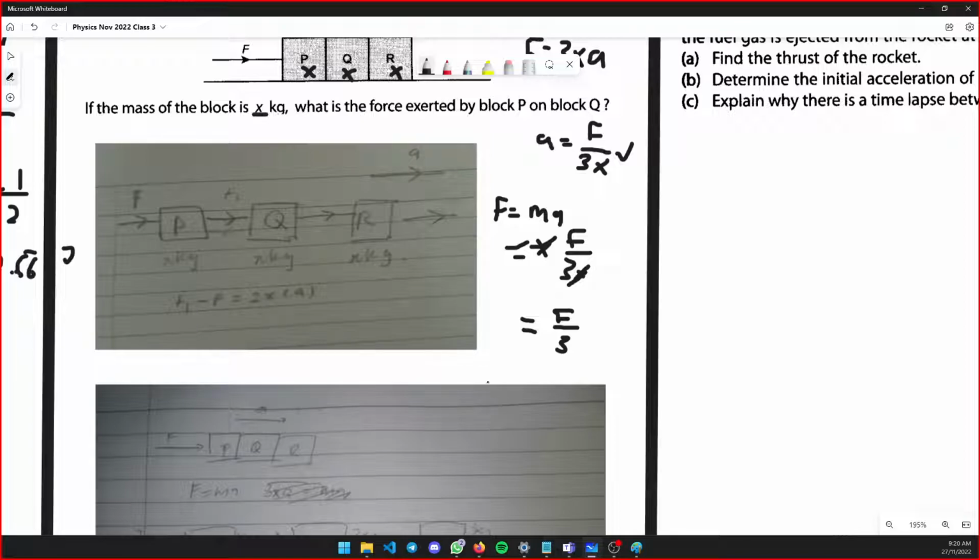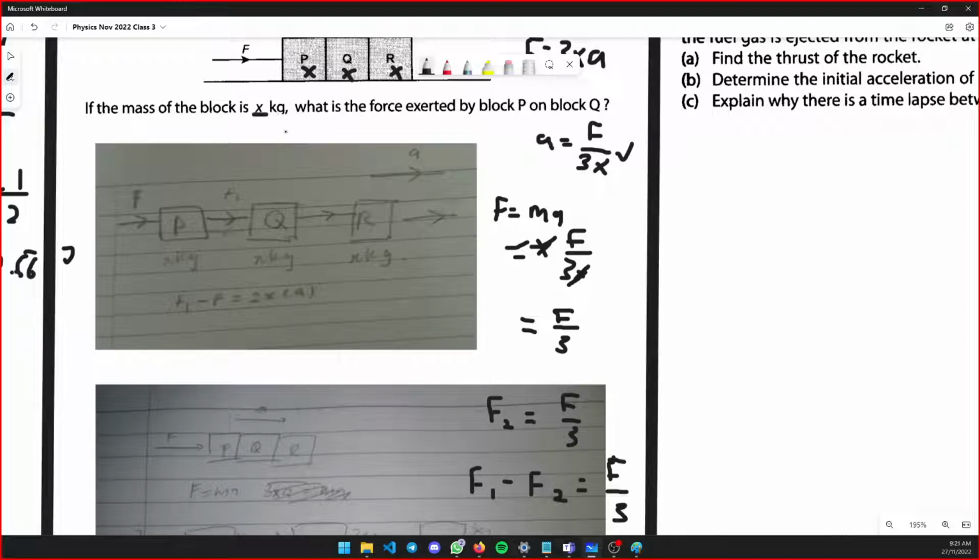When they're acting like that, then F2 equals to F over 3. And what's F1 minus F2? It equals to F over 3.